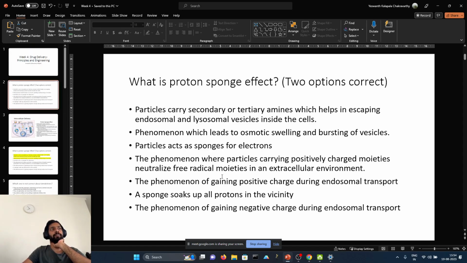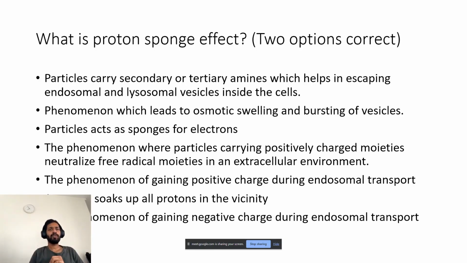So this question, basically what they're asking is what proton sponge effect is. Is it particles carrying secondary or tertiary amines, which help in escaping endosomal and lysosomal vesicles inside the cell, or is it the phenomenon which leads to osmotic swelling and bursting of the vesicles, or it's the particles that act as sponges for electrons, or the phenomenon where particles carrying positively charged moieties neutralize free radical moieties in an extracellular environment?